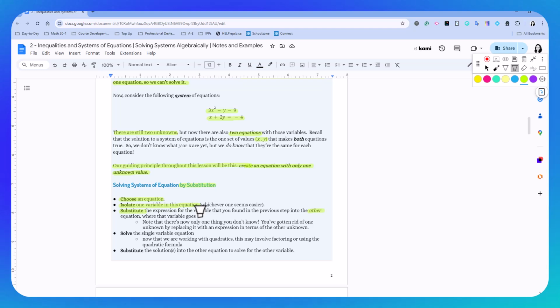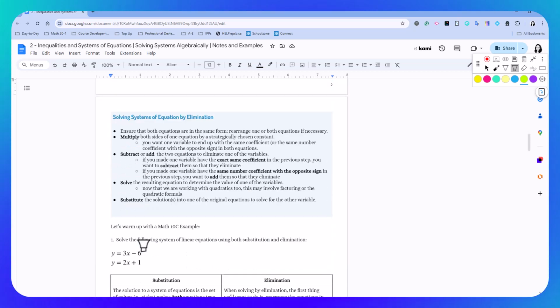When you do this, you have gotten rid of one of the variables. Now you can solve the single-variable equation. Just keep in mind, now we are working with quadratics, so this may involve factoring or using the quadratic formula. But we know all about that now. We then substitute that solution into the other equation to find the other variable. That's the method of substitution, and we're going to look at some examples of that.